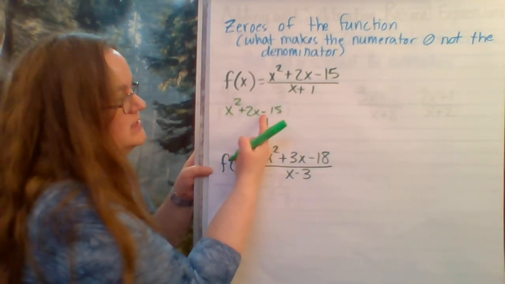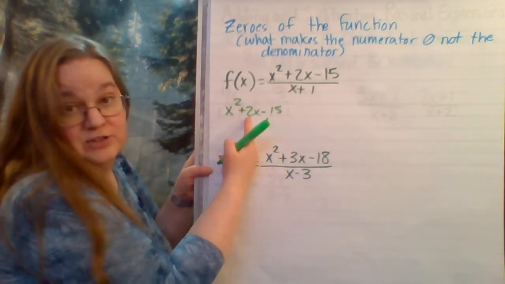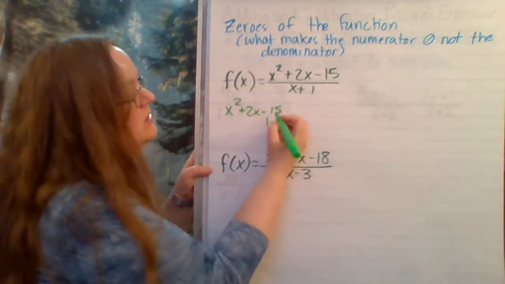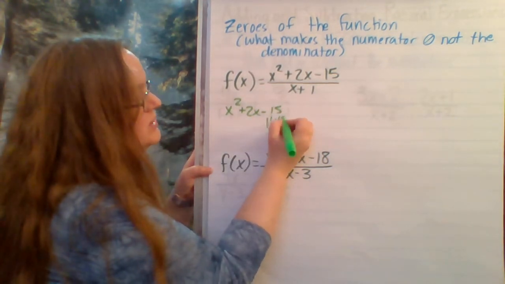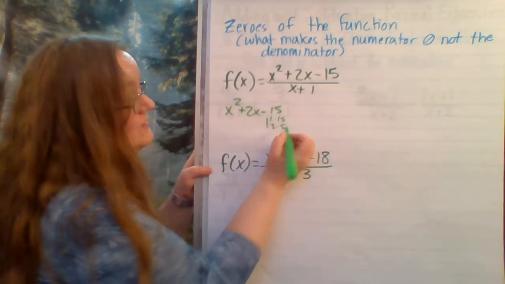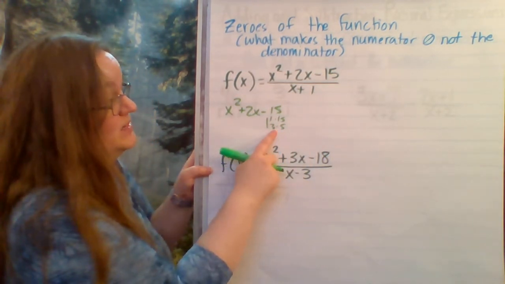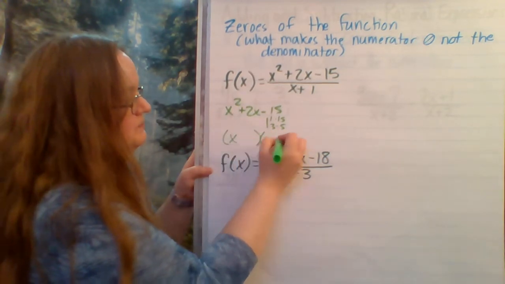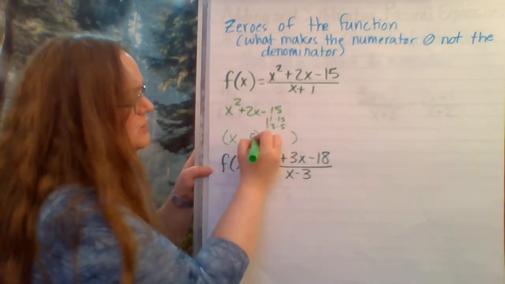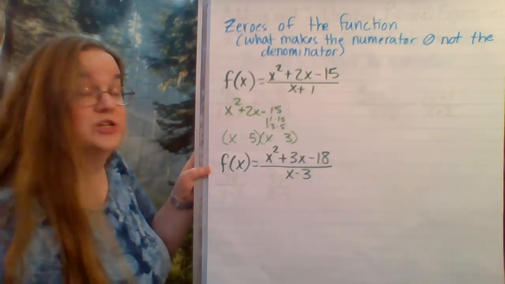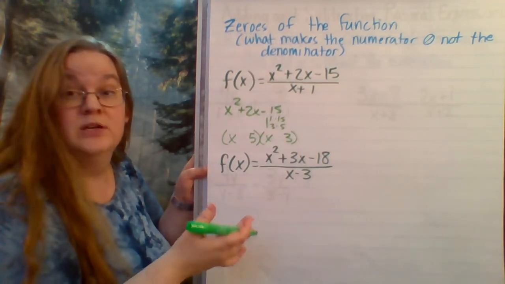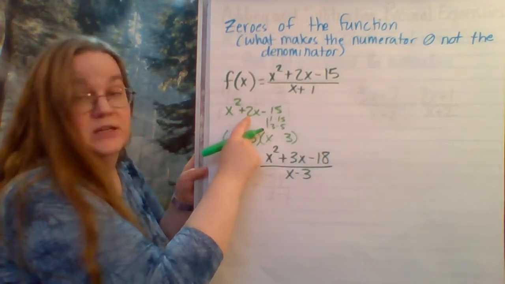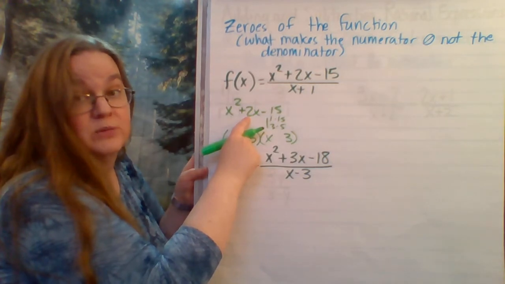Remember that when it's a minus, I'm looking for factors that subtract to give me the middle number. So this is 1 times 15 or 3 times 5. I don't have a lot of choices, but 5 minus 3 is 2. So I'm going to have a 5 and a 3. The question is, which is plus and which is minus? Because b is positive, the bigger number has to be positive.